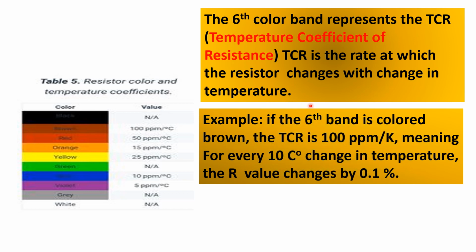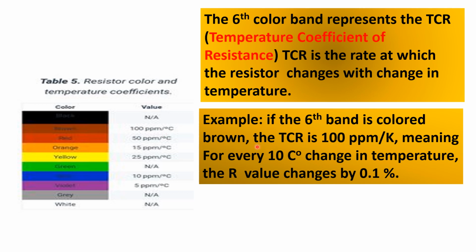For example, if the 6th band is colored brown, according to our table, the TCR value is 100 parts per million per Kelvin or Celsius degree.